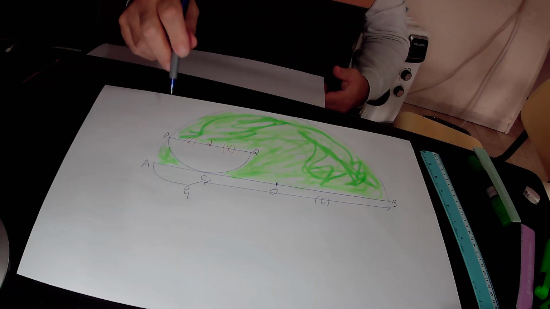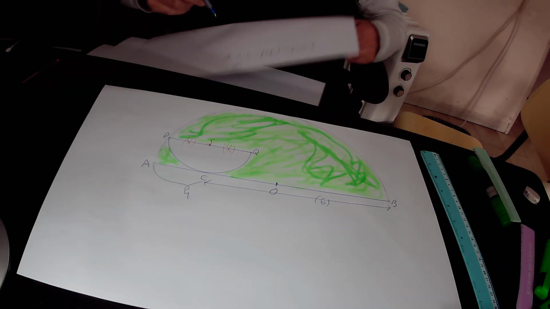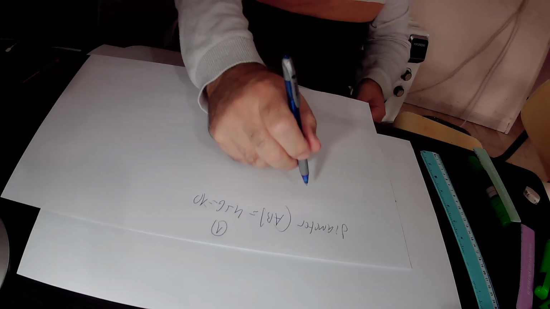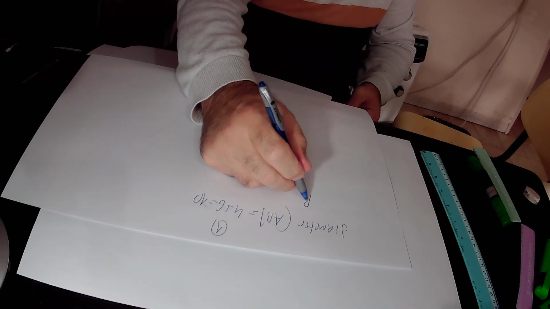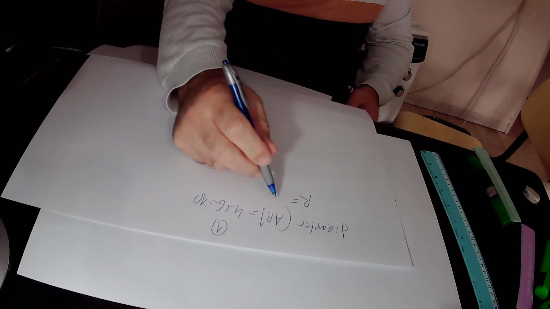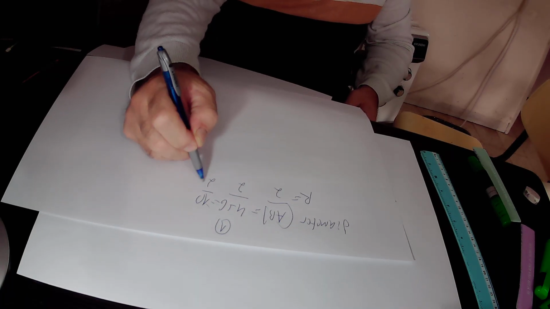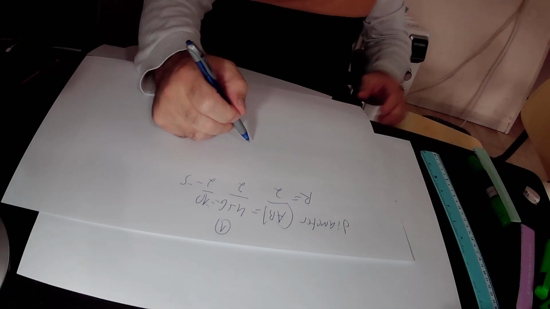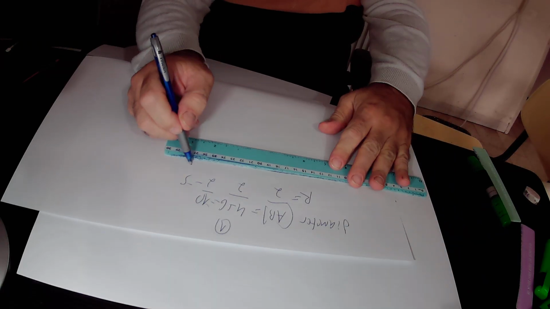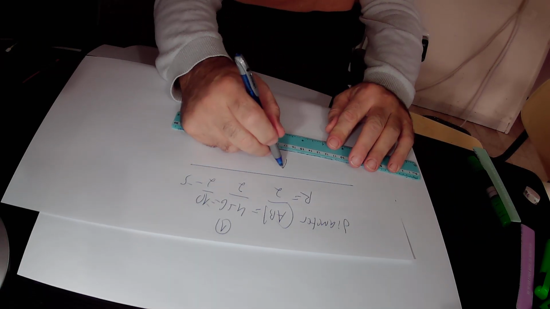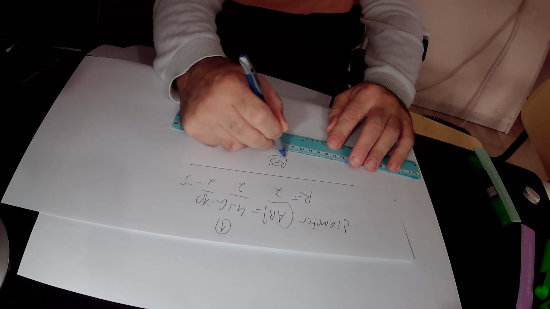We define the radius of this big semicircle as capital R. So capital R must be equal to the diameter AB over 2. That is to say, it is 10 over 2, that is 5. In total, we found out that the radius of the big semicircle, capital R, is equal to 5 units in its length.